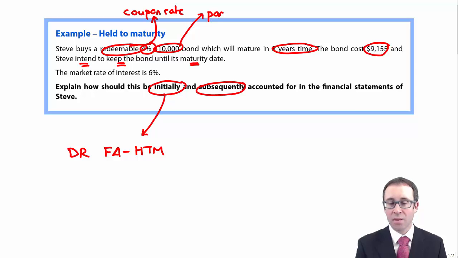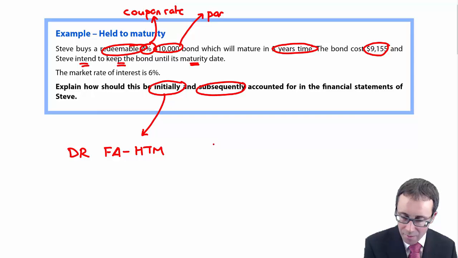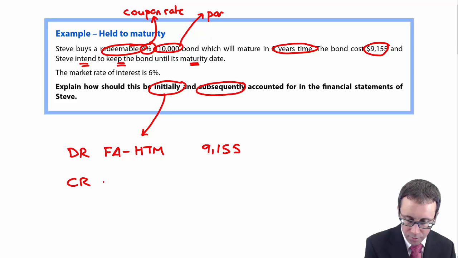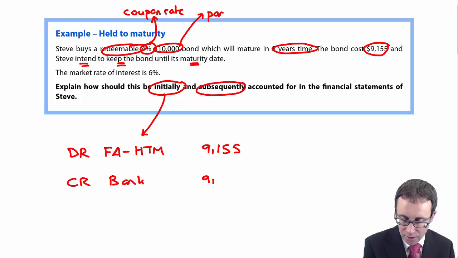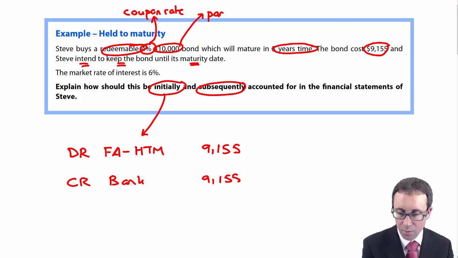There are fixed and determinable payments. It is as well a traded bond. It has a market value, let's say, and the amount that you recognise there is a debit of 9,155. There are no transaction costs. The credit is the amount that we've paid, which is the bank entry of 9,155.